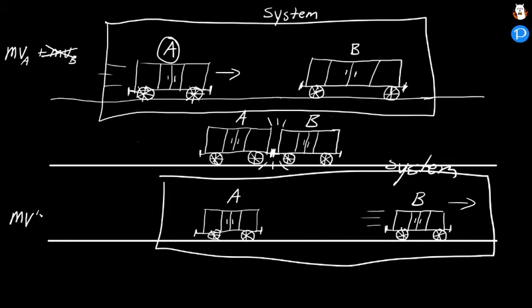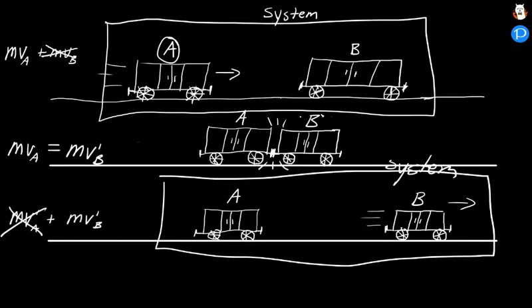We would take the mass and velocity of A and add it with the mass and velocity of B to figure out the total amount of momentum in this system. Well, A this time isn't moving, so this would just be 0. And so all the momentum is in B. So the mass and velocity at the beginning for A is the same as the mass and velocity for B at the end. And that's how we could set up our equation. The mass and velocity of A at the beginning is going to be equal to the mass and velocity of B, because momentum is going to be conserved within that system.